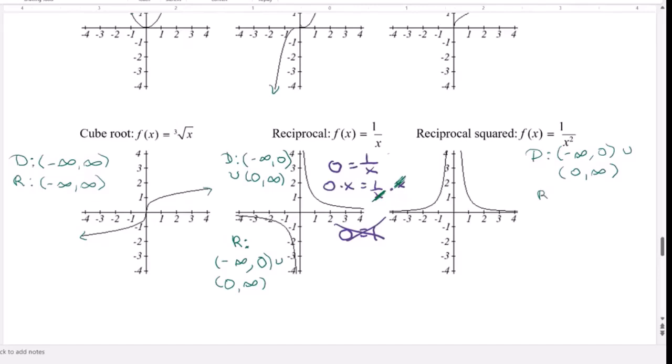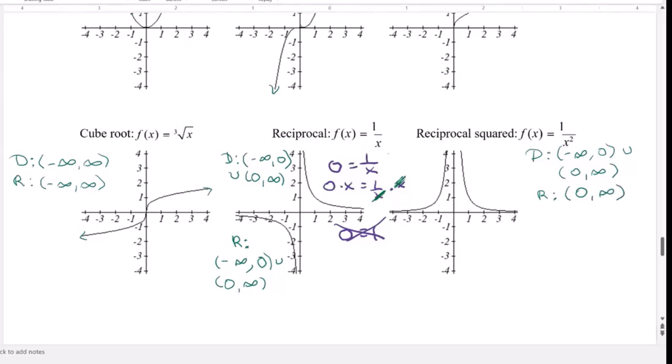And my range, well, we have no negative values. We know from the reciprocal function that it can't equal 0. So we put a parenthesis, 0 to infinity.